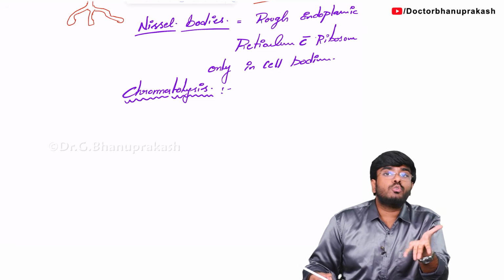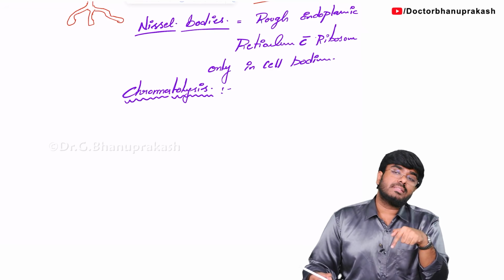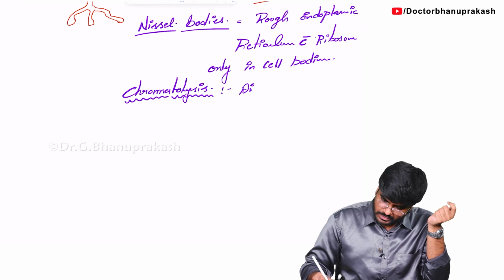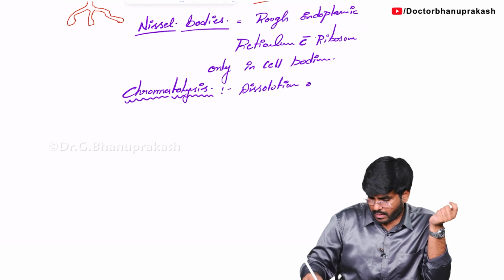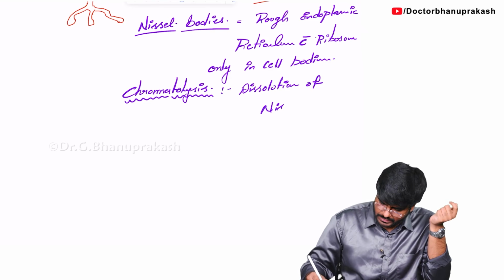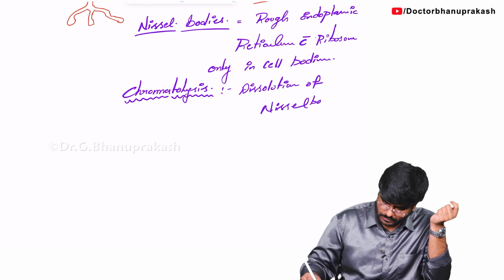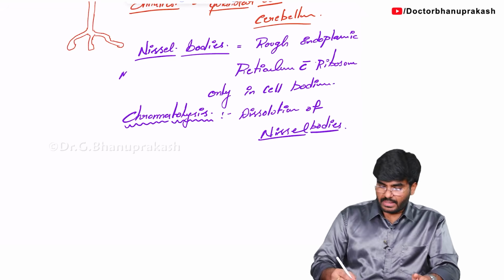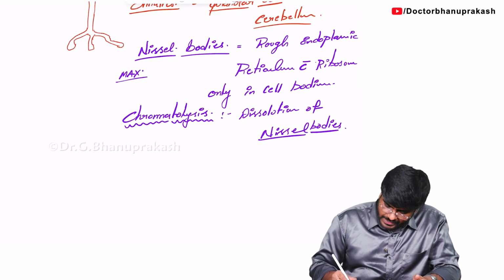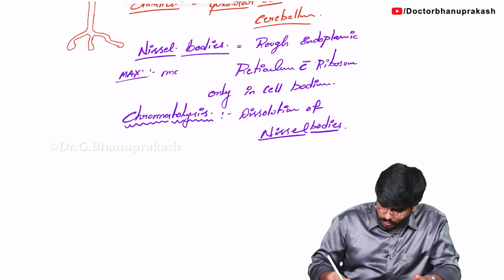So, the dissolution of the Nissl bodies is called chromatolysis. That's it. And where do we see the maximum number of these Nissl bodies? The maximum number of Nissl bodies are present in the motor neurons.